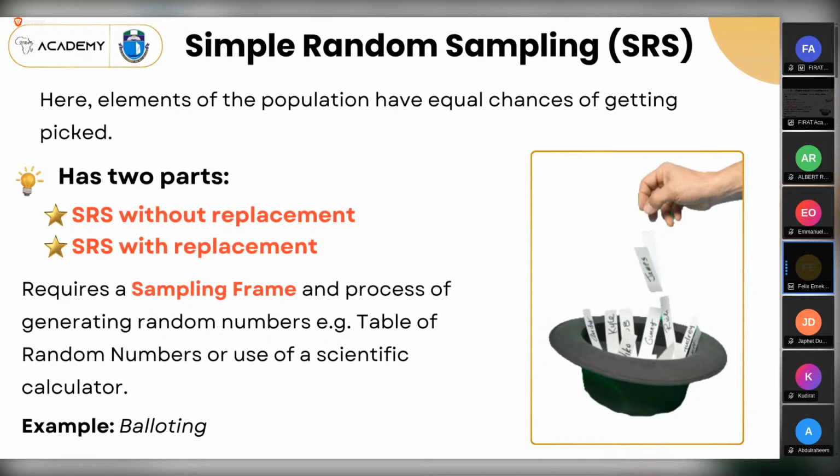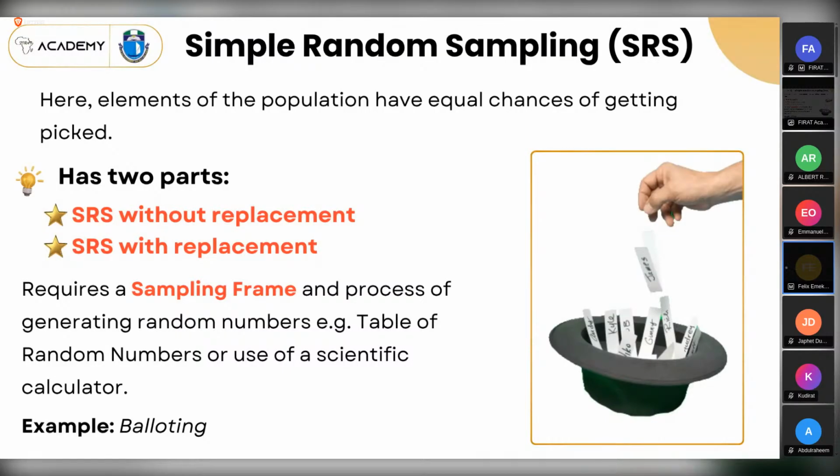Then you pick the next one. But with replacement, you pick participant 10, and they have gone out. You don't keep it aside. You put it back inside the bowl. You shake again and pick. Probably this time you may pick participant 12 or participant 13.